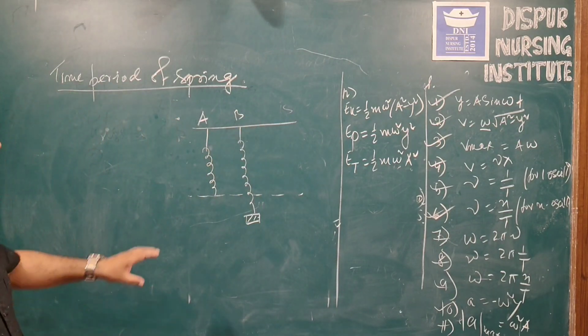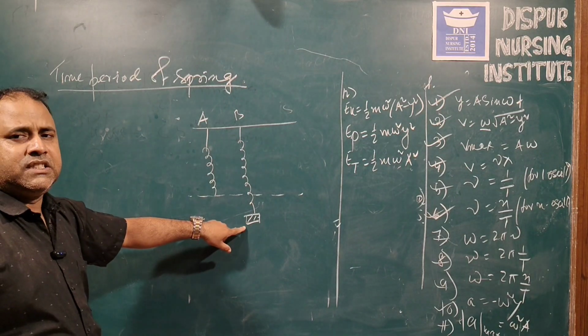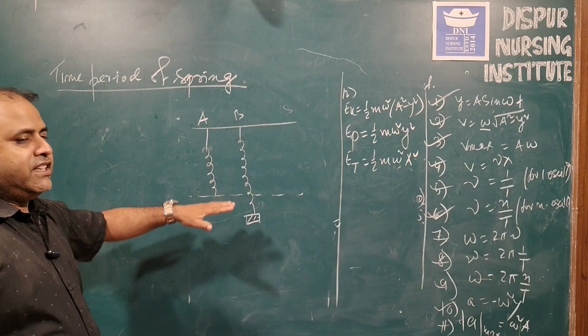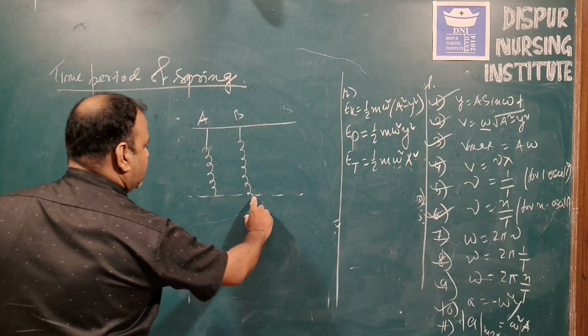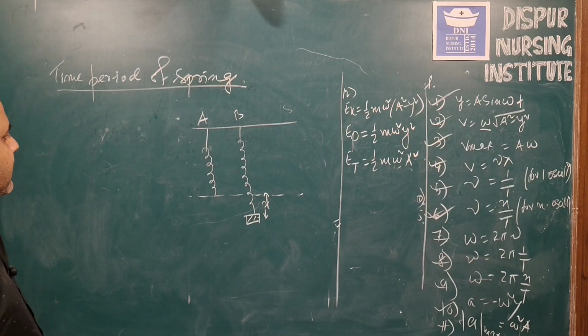So initially the spring was at position A. Now second part, when the load is applied on the spring, due to the load there is an extension, and this extension is represented by X in this case.